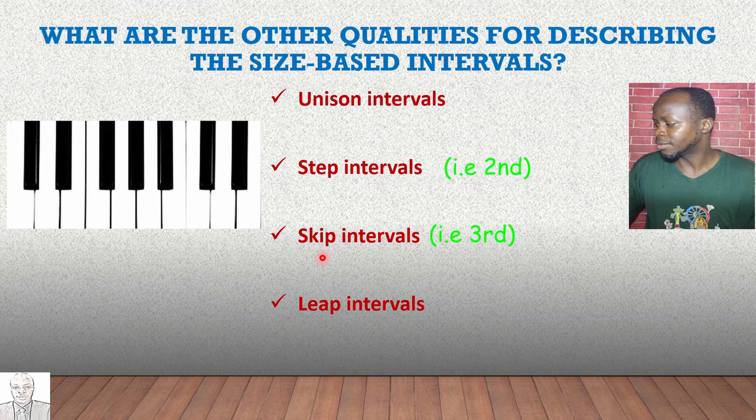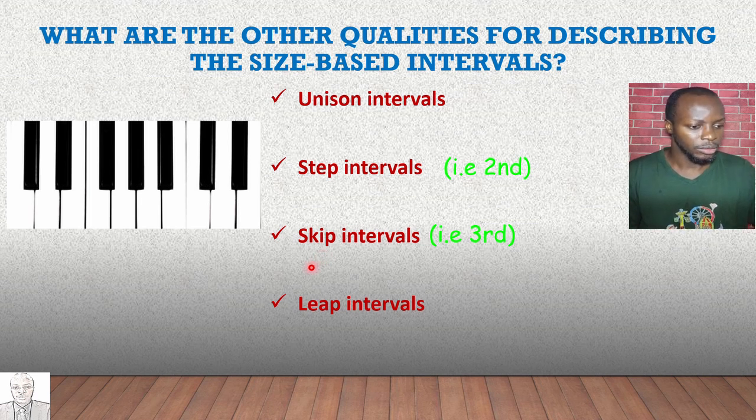Or you're skipping the ti. So that's the concept of the interval of a skip. It could be anywhere. So you're actually skipping a note between the two notes that make up the interval. So that's what the skip interval is practically referring to.